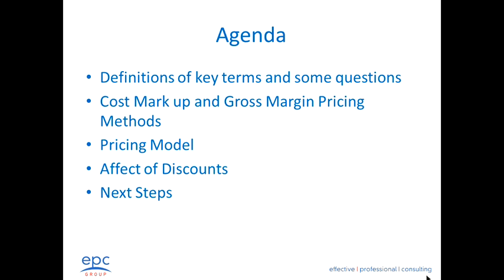And once they understand the impact by using a pricing model to understand their pricing, they can see it more clearly and make better decisions so that they don't affect their profitability negatively, which is what we really want to be very concerned with. Let's go to the next slide.